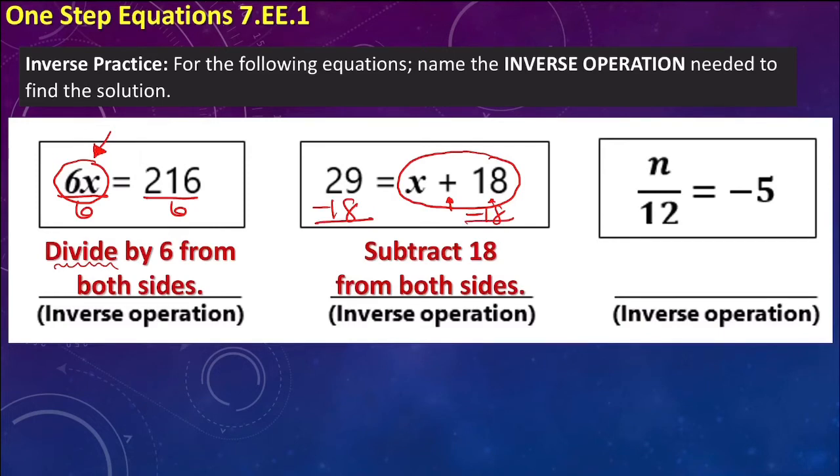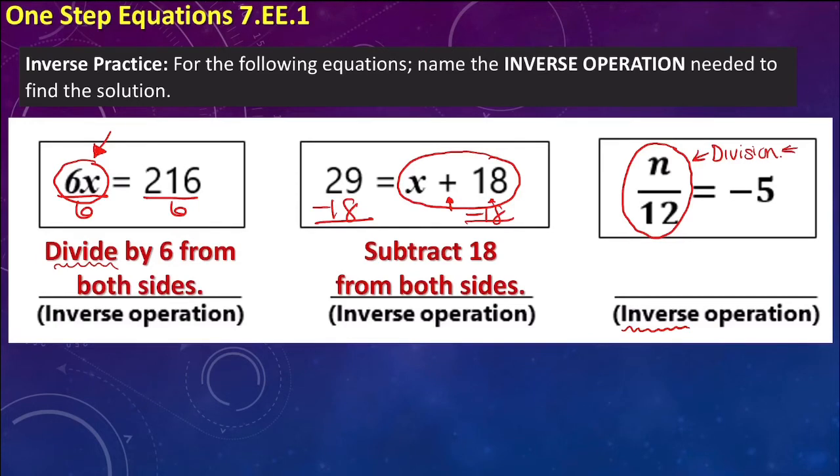And on this example right here, we've got n over 12. Now looking at the letter side, n over 12, what is that presenting itself as? Well, whenever you have a fraction, that's another way to express division, right? Top divided by the bottom, n divided by 12. So what is the inverse, right? What is the opposite operation of division?